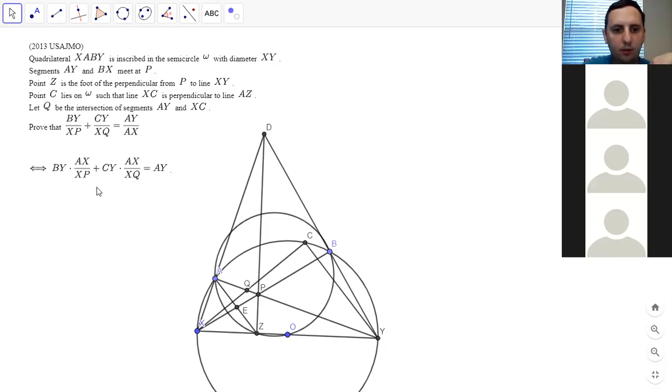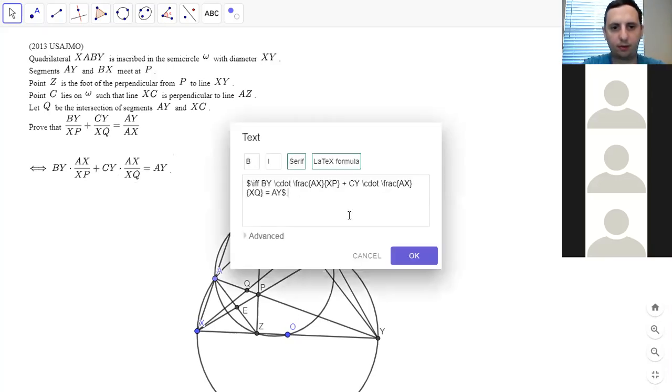So AX over XP is the same as BY over YP. So yeah, let's rewrite this.